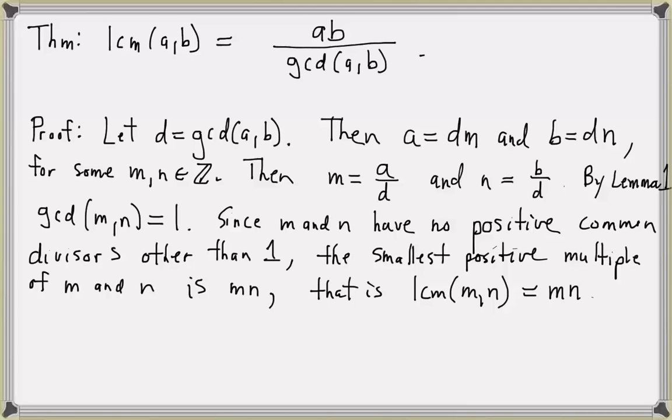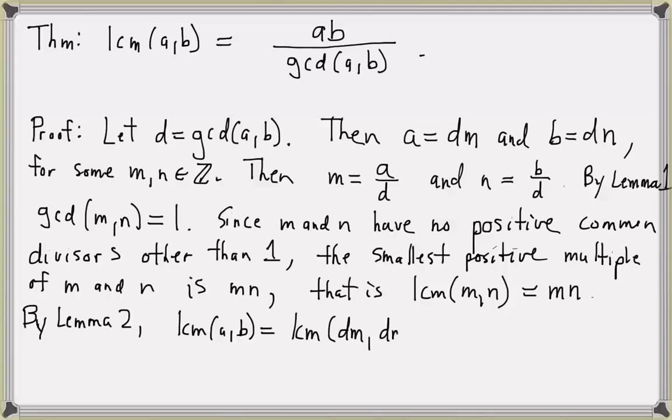Now we'll put this together to get our formula for the least common multiple of A and B. We're going to use lemma 2. So by lemma 2, the least common multiple of A and B, and I'm going to rewrite A and B as DM and DN, I can factor out a D from inside this least common multiple.